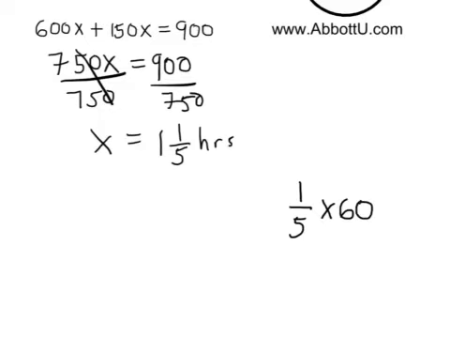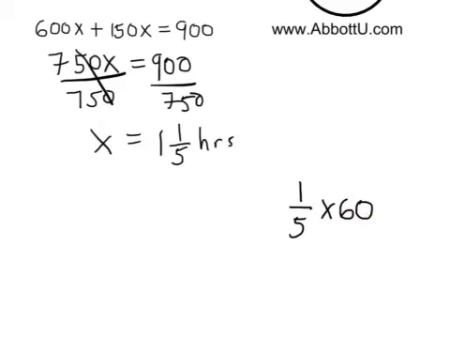And you may notice that this is a direct algebraic translation of the verbal question. The verbal question is, what is 1/5 of 60 minutes, of an hour? The word "of" usually means multiply, and then 60 is just 60, because we're converting into minutes.